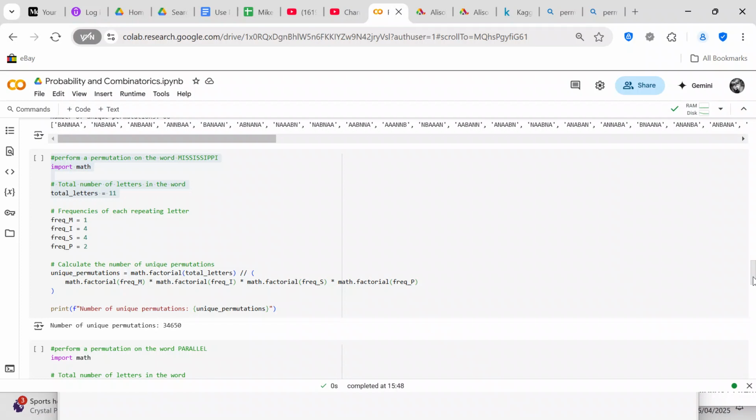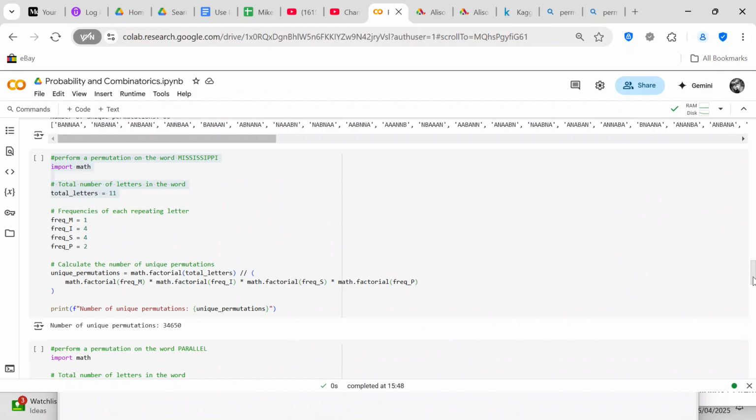So another question we have is perform a permutation on the word Mississippi. So you import math. The total number of letters in the word is 11, and the frequencies of each repeating letter are: frequency M equals 1, frequency I equals 4, frequency S equals 4, frequency P equals 2. So we calculate the number of unique permutations.